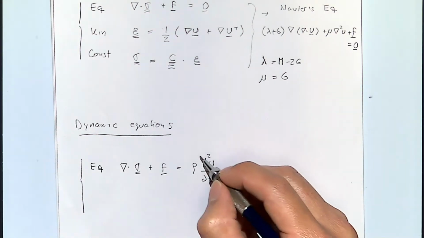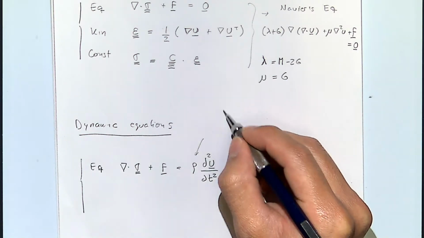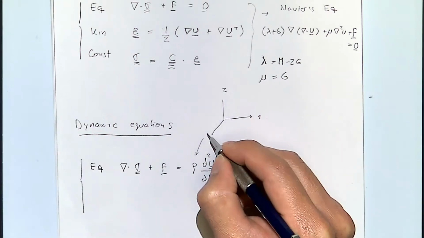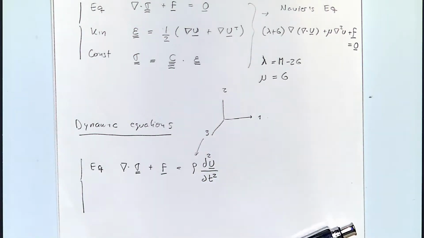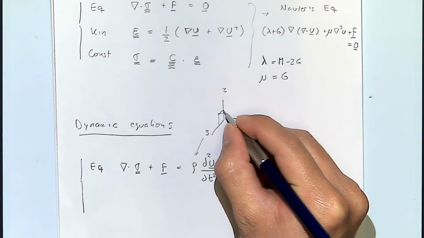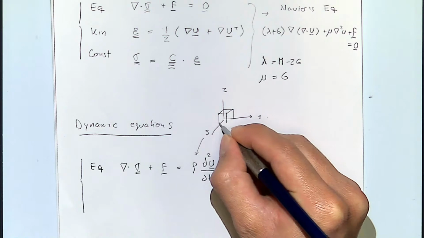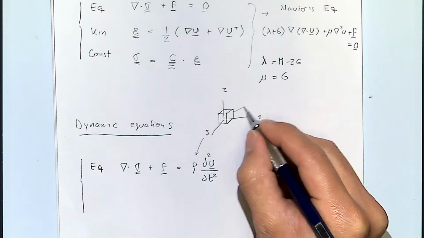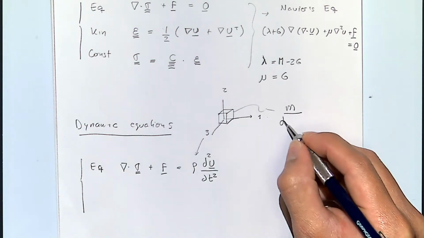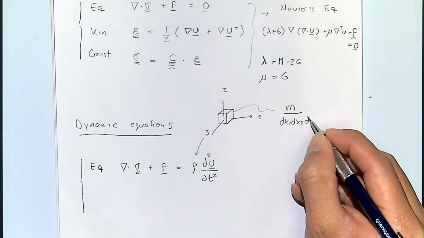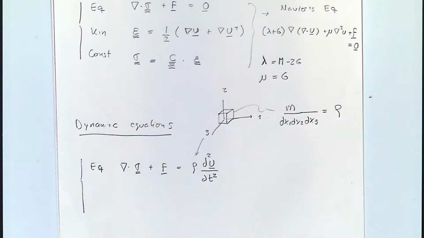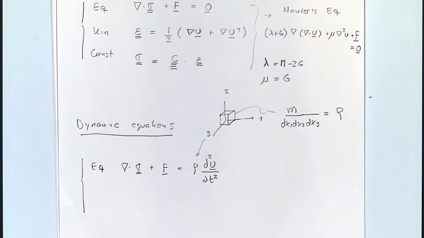But remember that this density, if we had an element, let's say this is 1, 2, and 3, and I have an elemental cube with mass m, divided by dx1, dx2, dx3, that is what's going to give me mass density. It's mass per unit of volume.